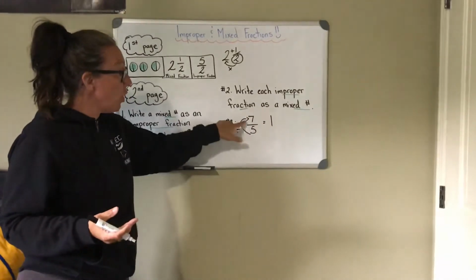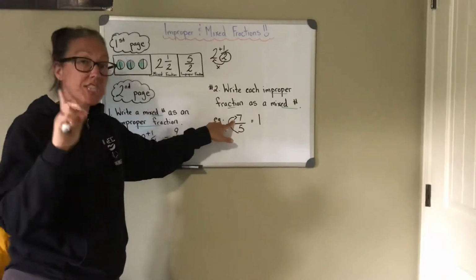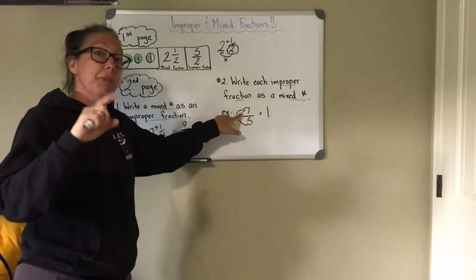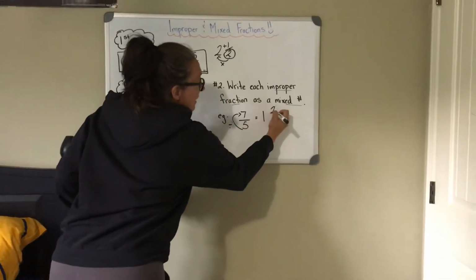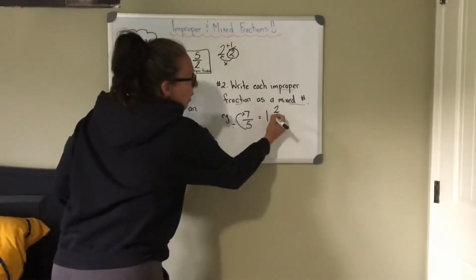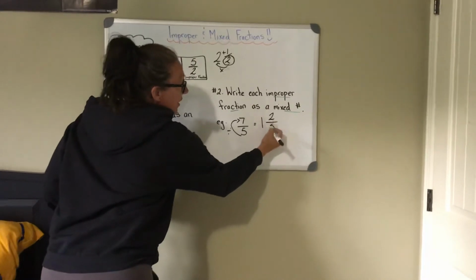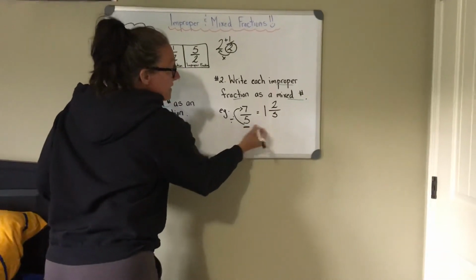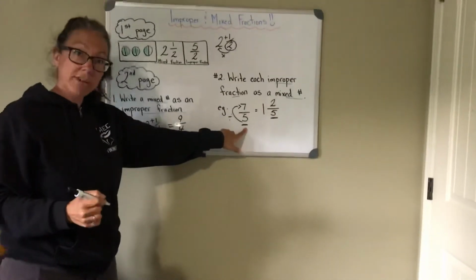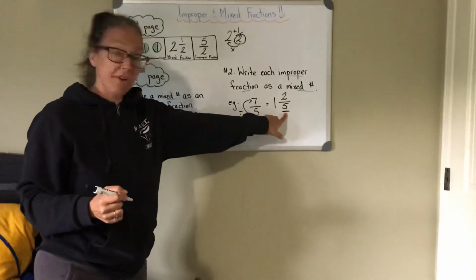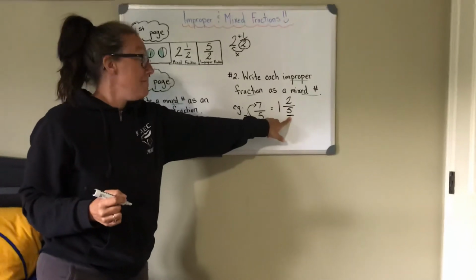So 5 will go into 7 once, which is 5, and 5 plus 2 is 7, okay? And it's over 5. So the denominators never change. So whatever the denominator is here, the denominator has to be over here with the mixed number.